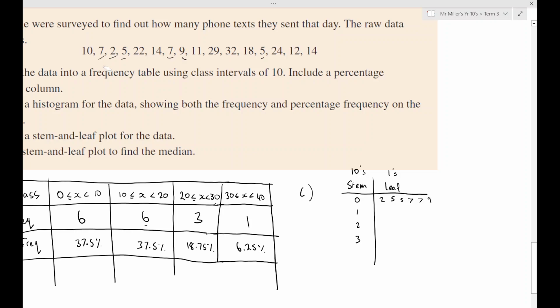Next, for the tens, well, we're going to have 10. That's going to be first, 11, 12. So we'll just start writing these down so I don't forget. 10, 11, 12, and it's looking like 14, 14, 18.